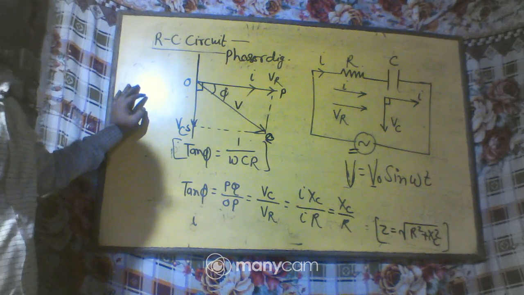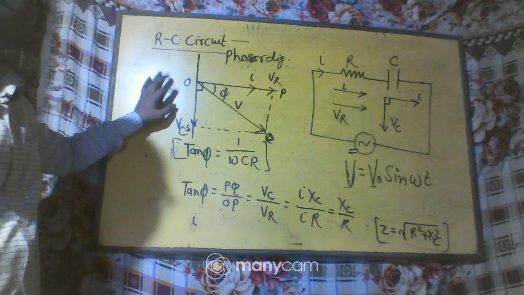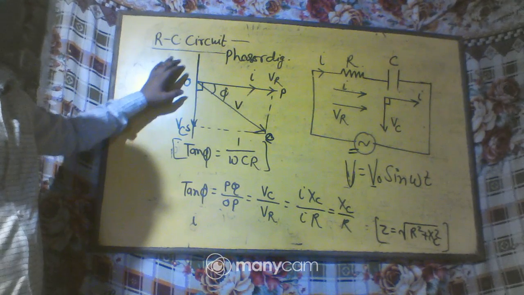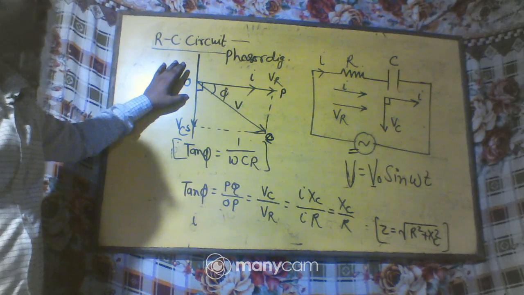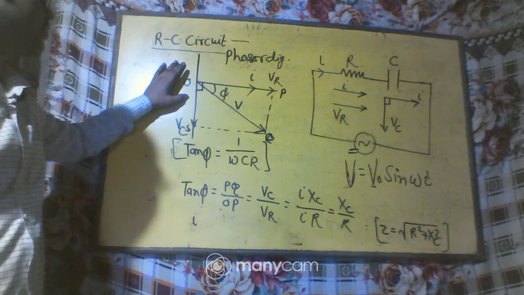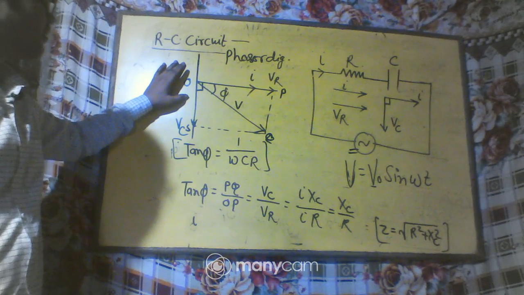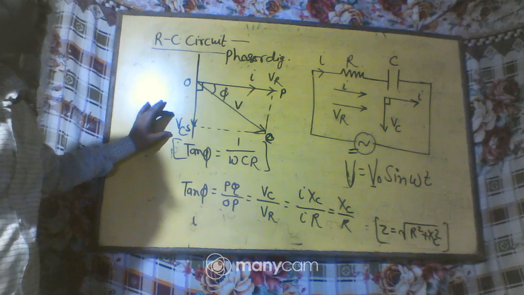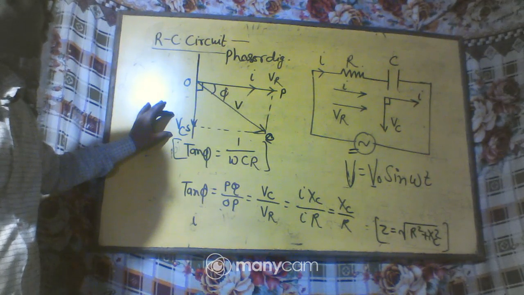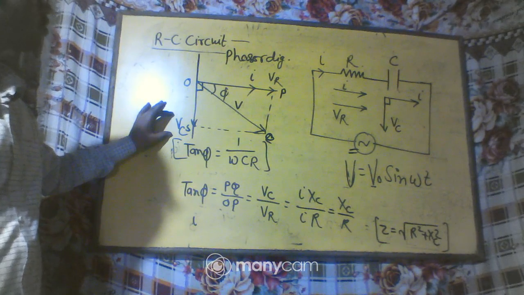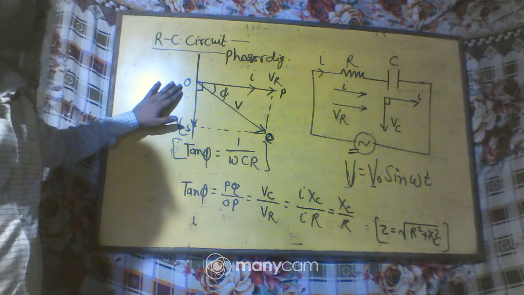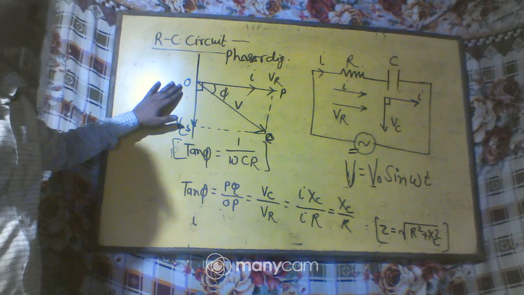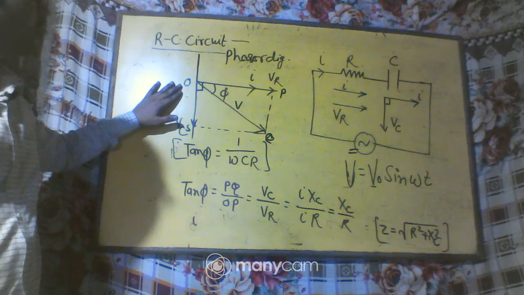Okay, now phasor diagram for this circuit is given here. In this phasor diagram, the current I and the voltage across R are drawn along x axis, whereas the voltage Vc across C is drawn along negative y axis, so that this diagram follows all the criteria of this circuit.